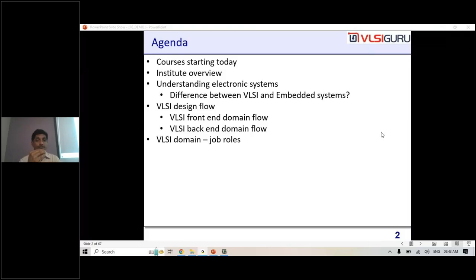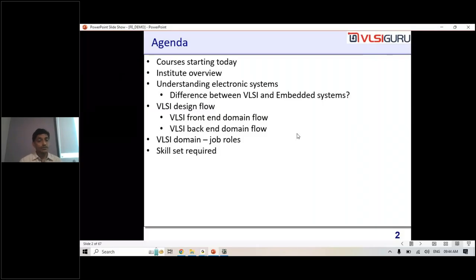After that, if you feel it's not the right course for you, we'll always give you the option to switch to another domain. In that whole process, you are not going to miss anything. When you rejoin, you join the following batch.